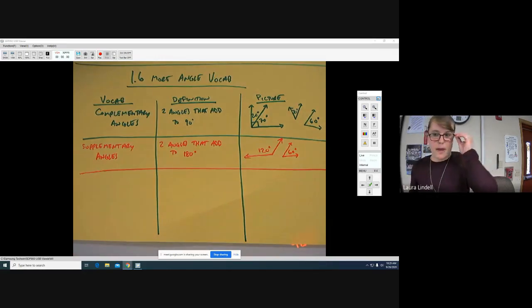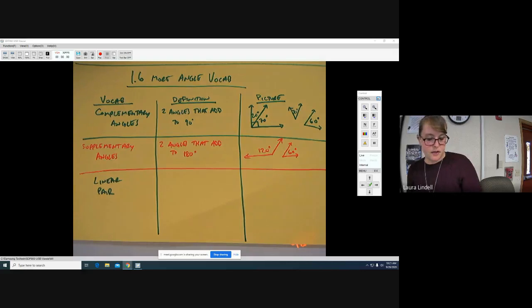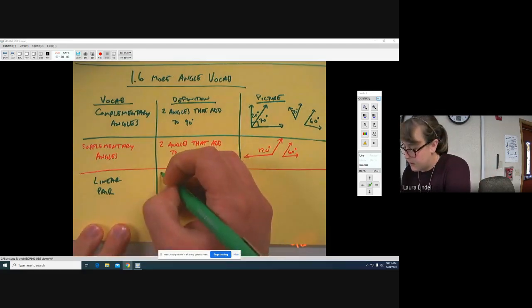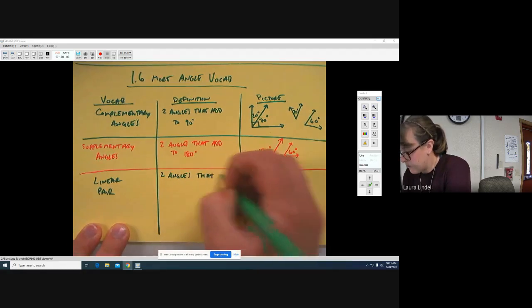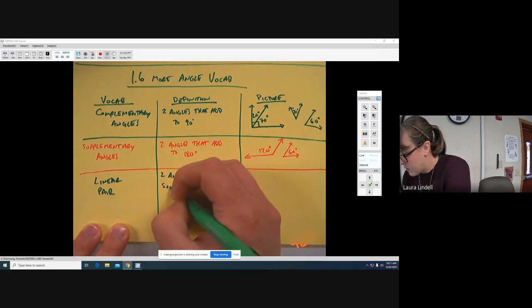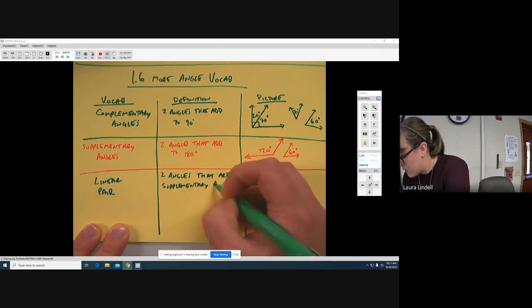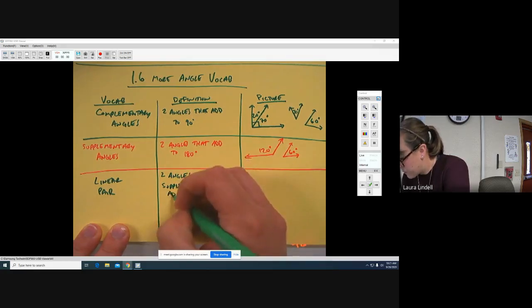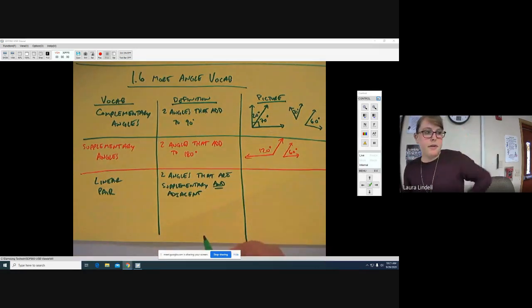Then we have linear pair. So a linear pair are two angles that are supplementary and adjacent. They're supplementary and adjacent.